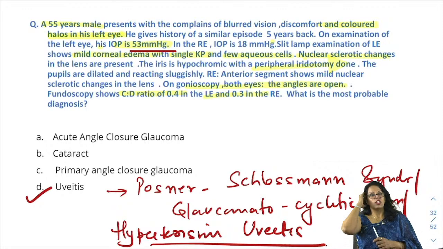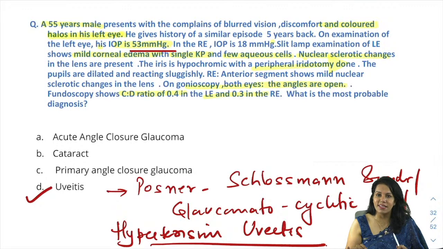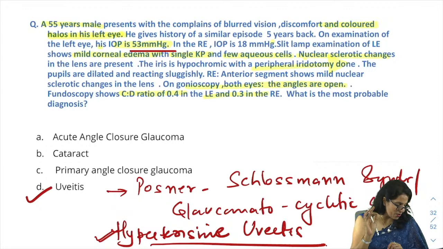When we say uveitis with hypertension, we are trying to tell you this is a patient of BP problem. There is hypertension and there is uveitis. But if I use the term hypertensive uveitis, it means that uveitis where pressures are more. That is what we are talking about, glaucomatocyclitic crisis.